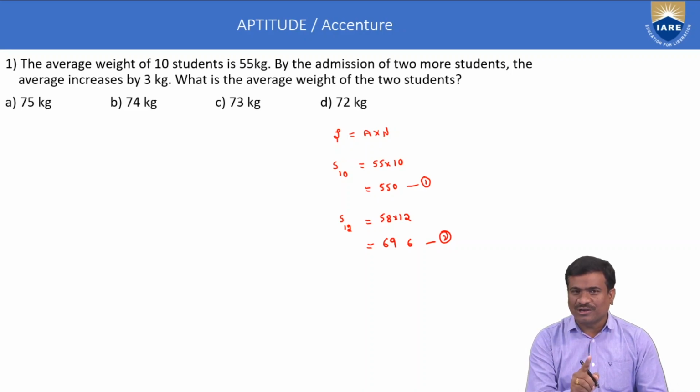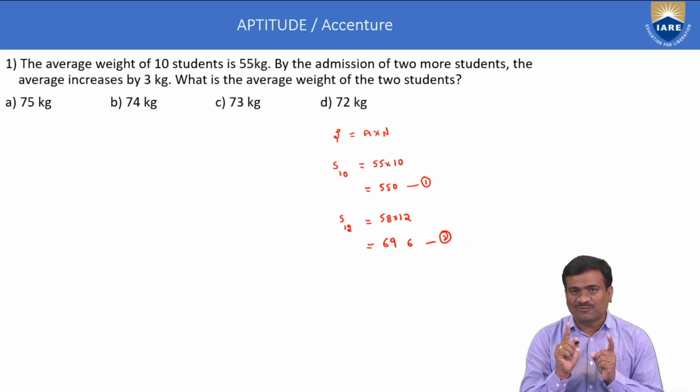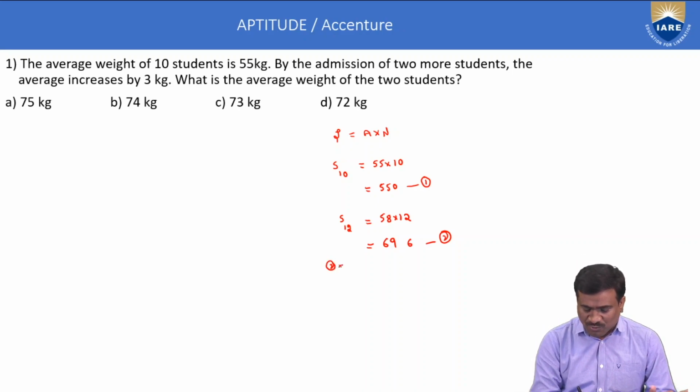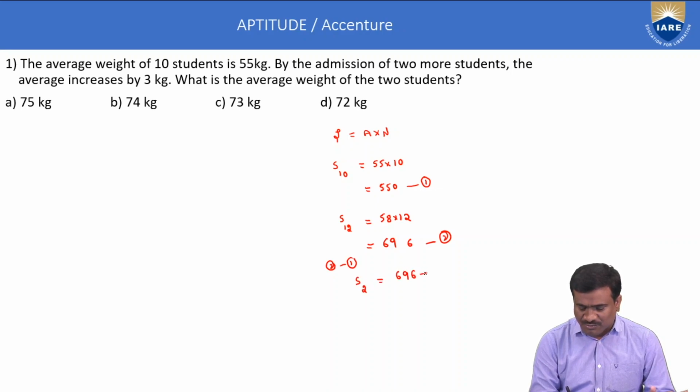We want only the average of the remaining 2 students. Average of 2 students is equal to sum of 2 students divided by 2. Therefore, equation 2 minus 1: sum of 2 students is equal to 696 minus 550, is equal to 146.